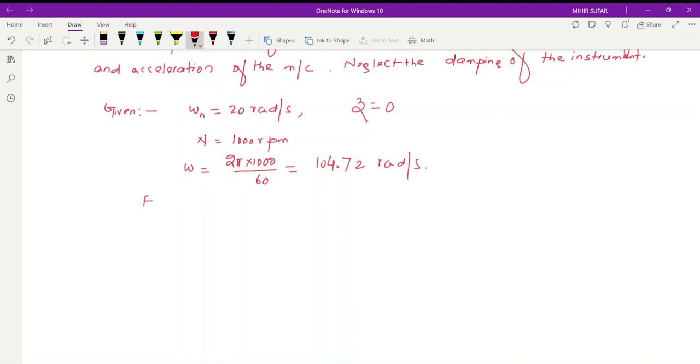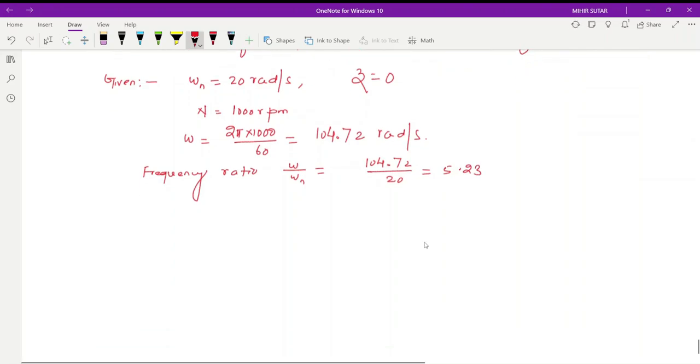The frequency ratio omega by omega n is 104.72 divided by 20, which is 5.23.